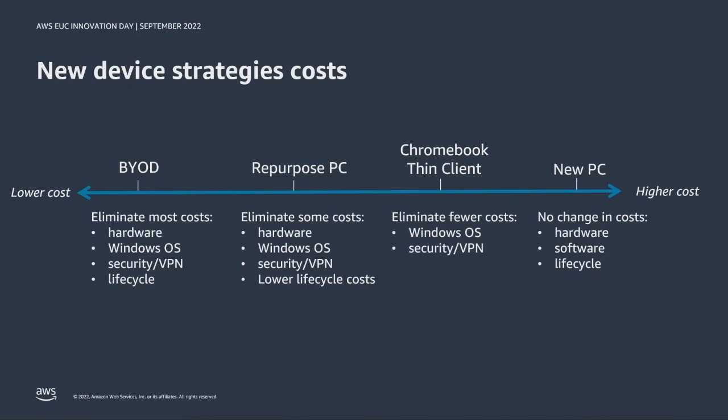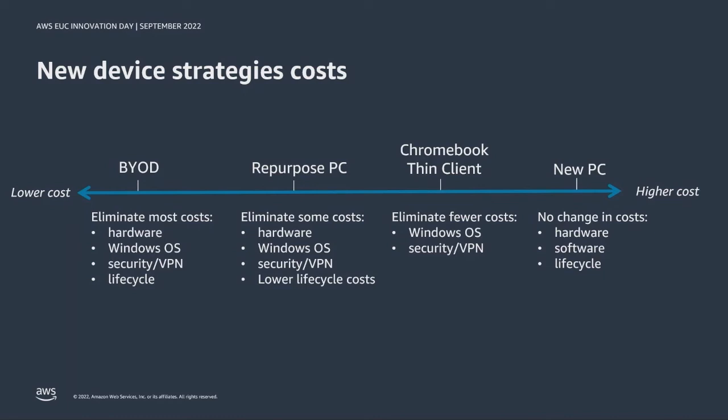When it comes to repurposing existing PCs as thin clients, again, you're eliminating many of the same costs as BYOD. The Windows license might be replaced with a less expensive Linux OS, but since a repurposed PC as a thin client is likely still a managed device, more of the lifecycle management costs get applied.